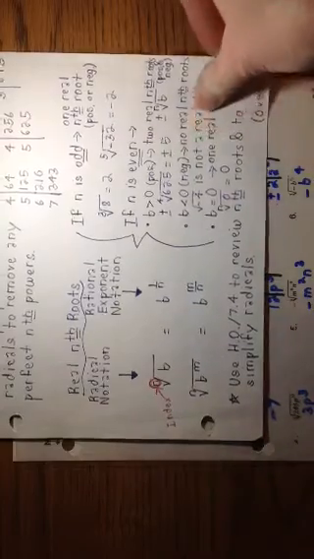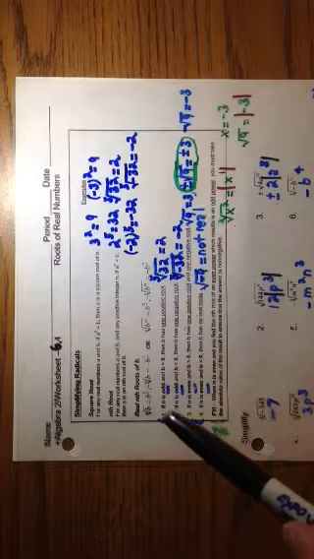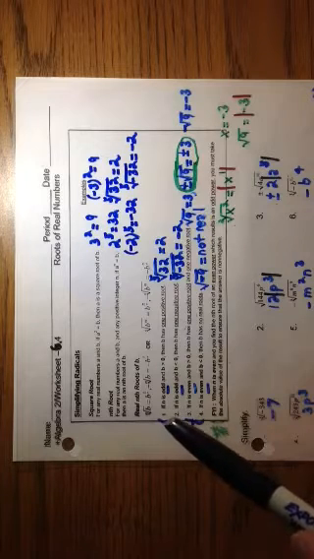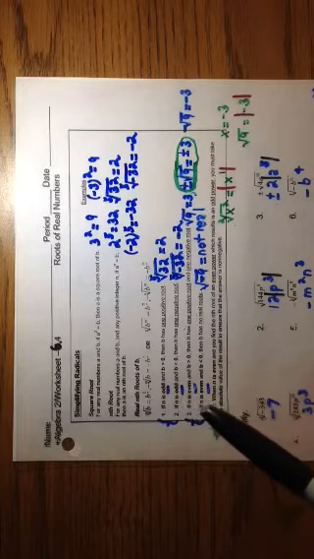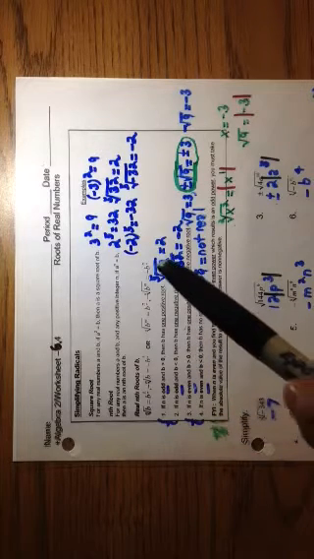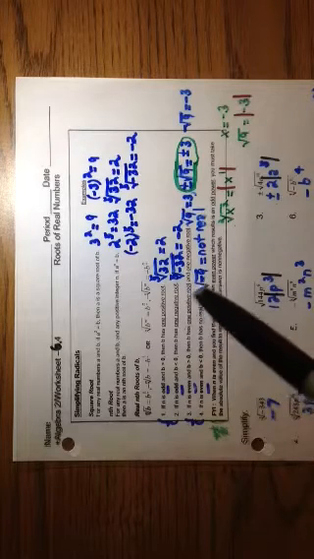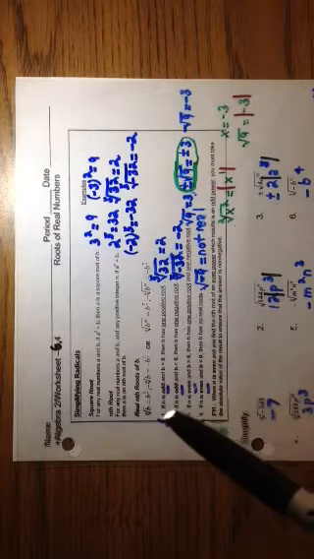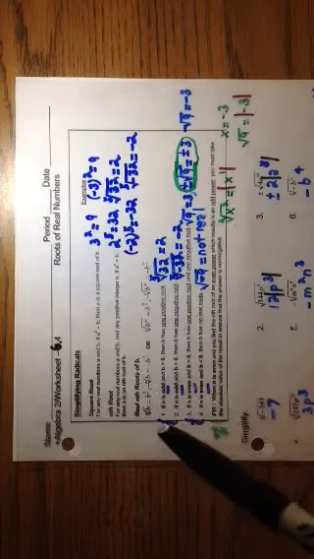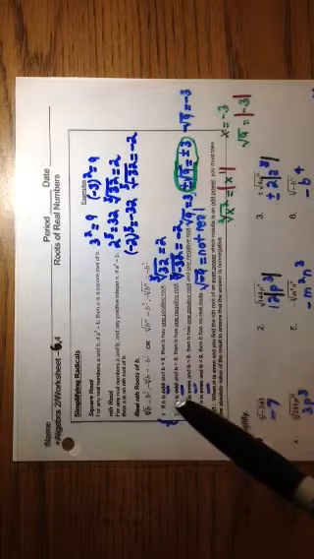And so going back to the original handout, if you look here, depending on whether the index is an odd number or an even number, and whether the radicand, the quantity under the radical, is positive or negative, you have different outcomes. So when n is odd, that's numbers 1 and 2, that means you're taking an odd root.